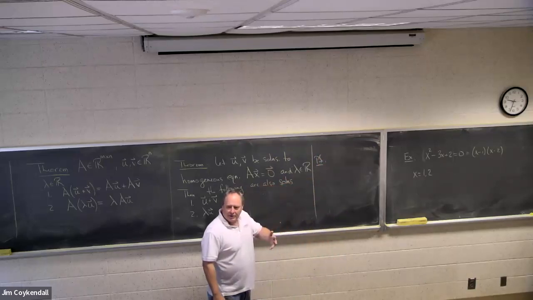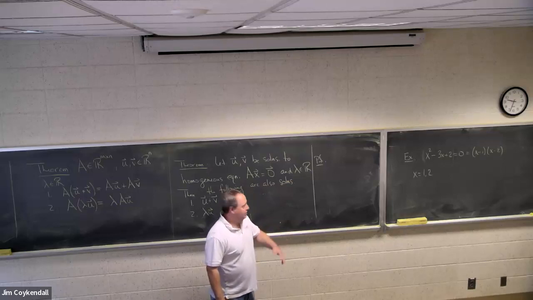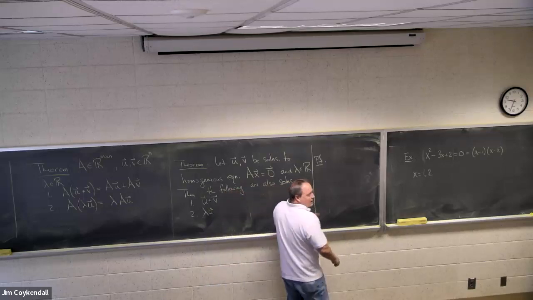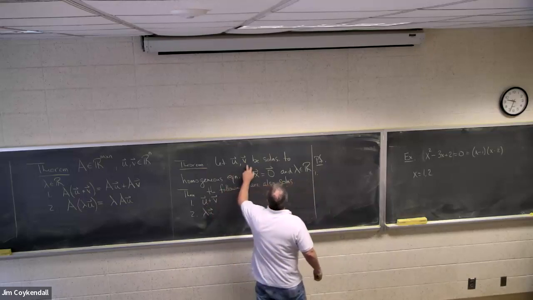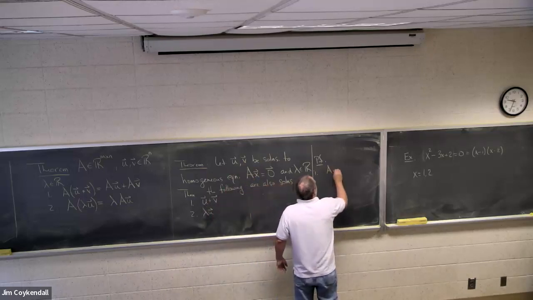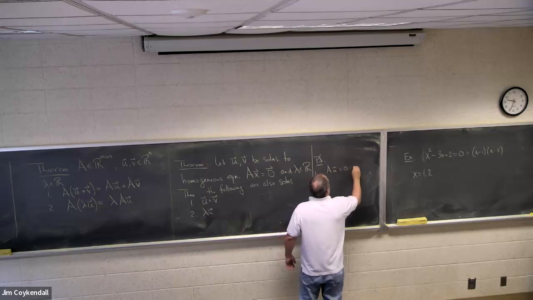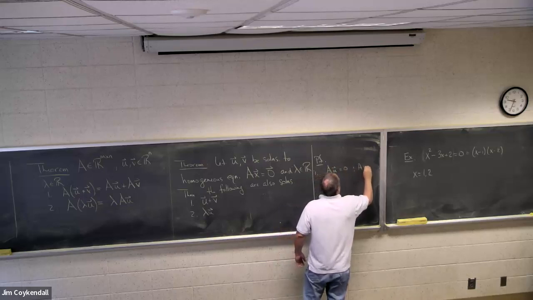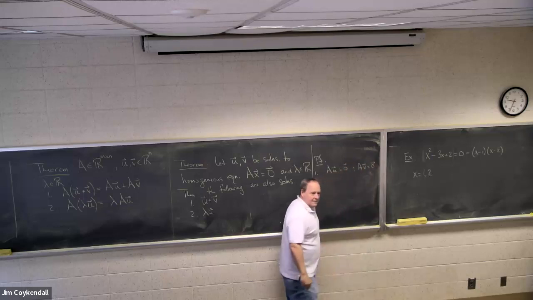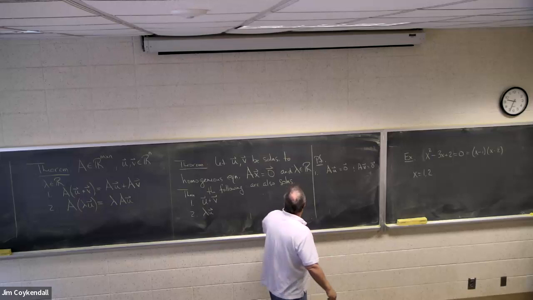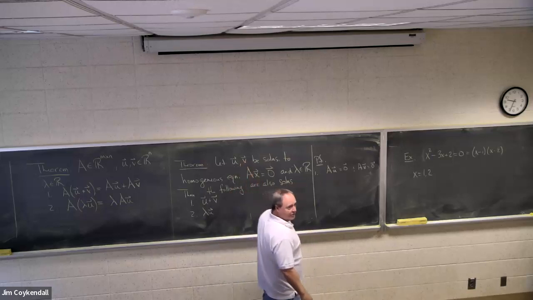And actually, I'm going to prove this, because even my simple brain can do it. Look at number 1. What does it mean for these to be solutions? We know that Au equals 0 and Av equals 0. That's what it means for these two vectors to be solutions.